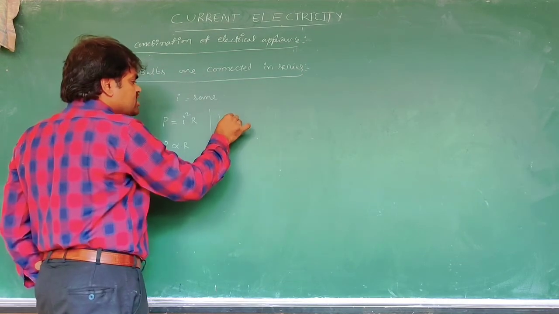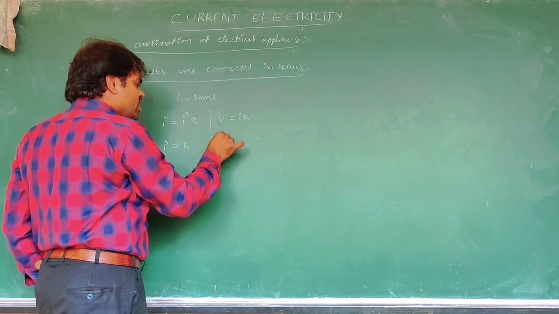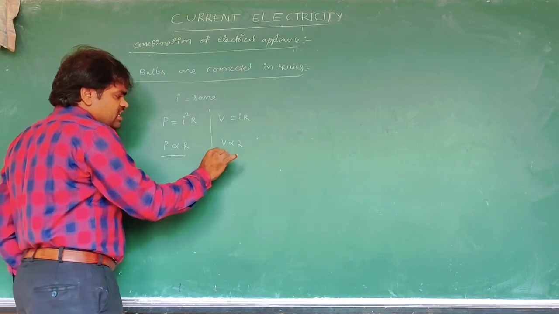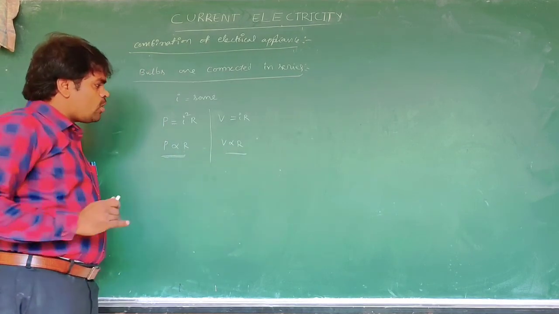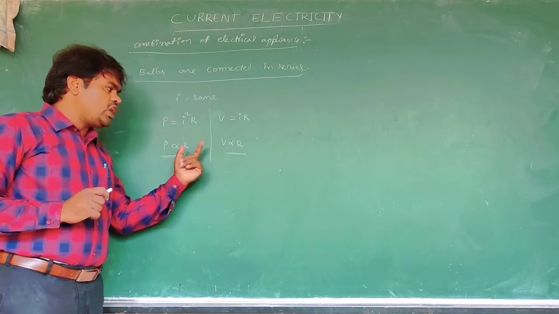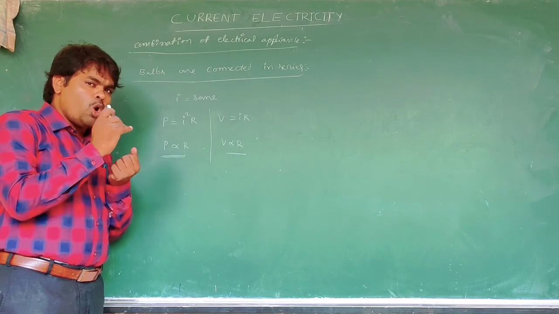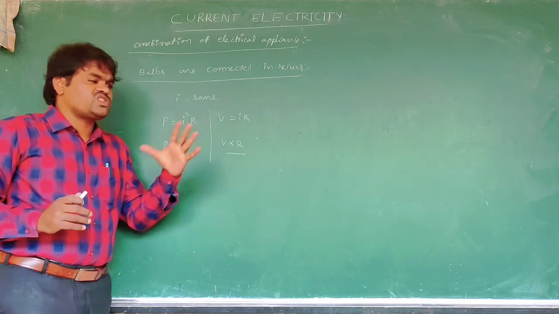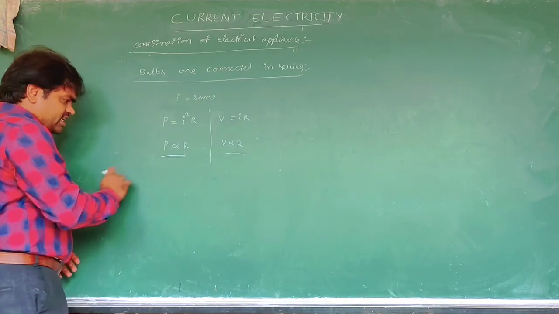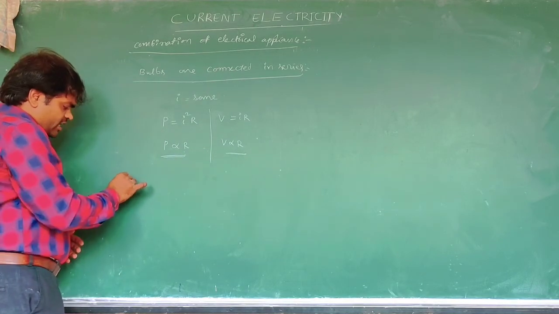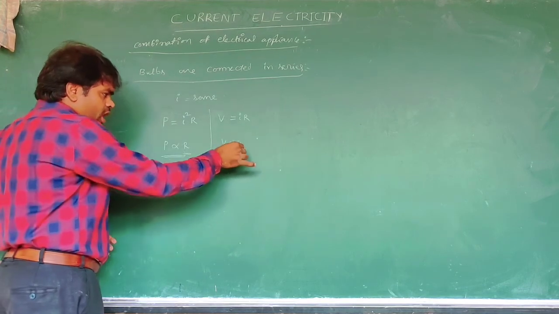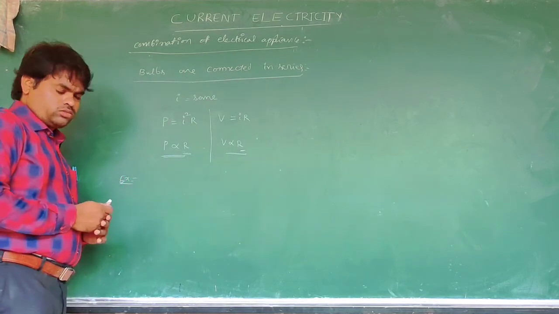Now potential is equal to IR, then V is proportional to R. That means in a series combination of electrical appliances, the power and voltage consumed will be more for the larger resistance.